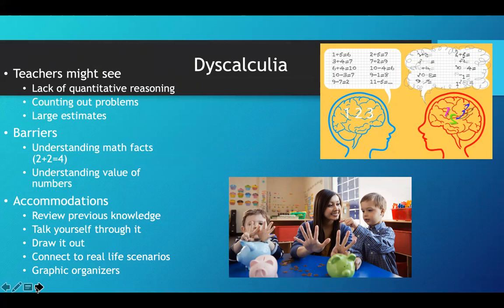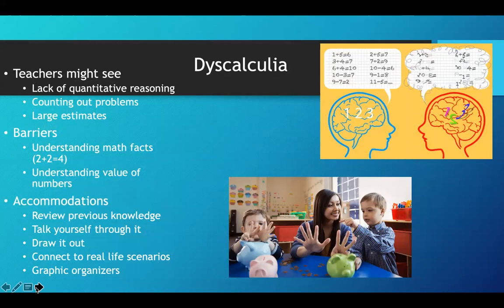And frequently they will count out the numbers, like math facts that we have memorized. For example, like 2 plus 2 equals 4. Students with dyscalculia might be counting on their fingers, even into larger upper grades.